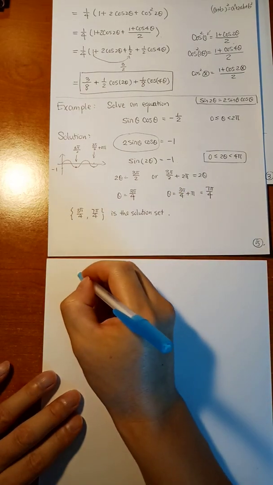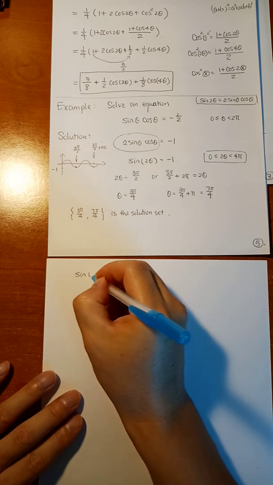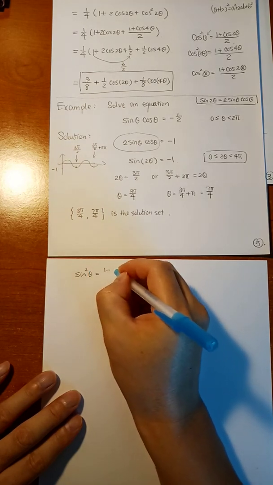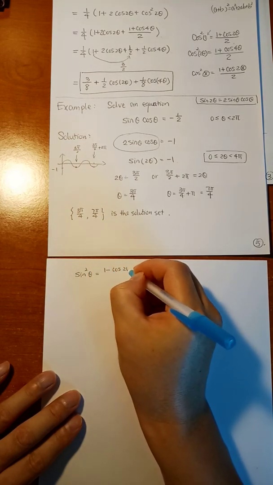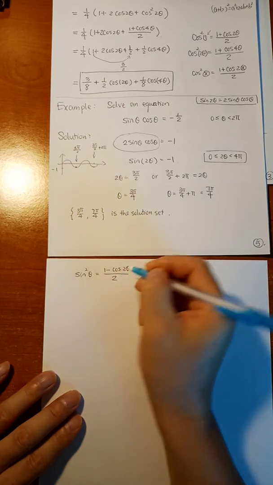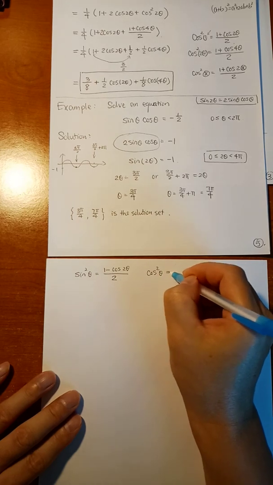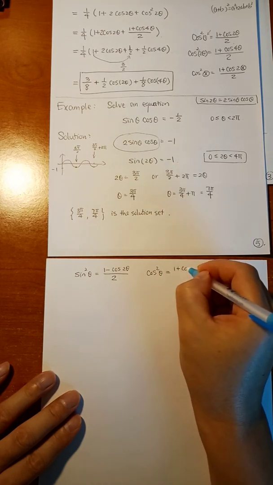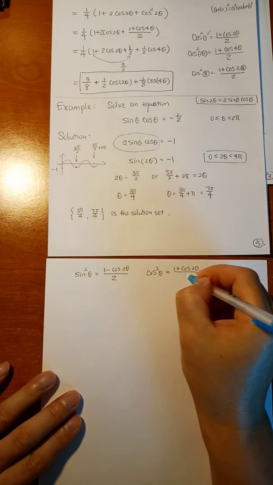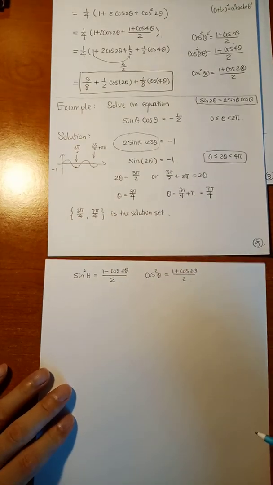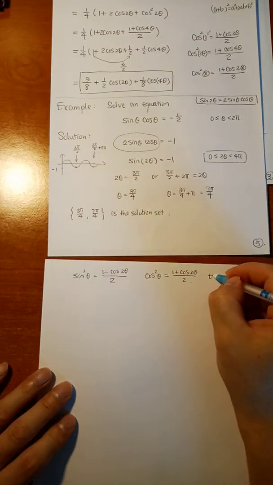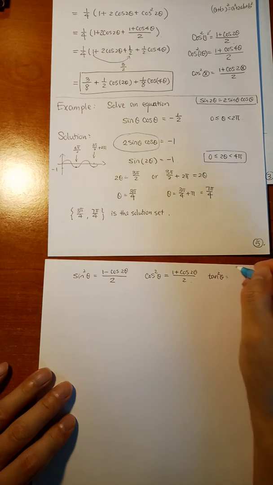Let's copy this. Sine theta squared is 1 minus cosine 2 theta over 2. Cosine theta squared is equal to 1 plus cosine 2 theta over 2. And tangent theta squared is 1 minus cosine 2 theta over 1 plus cosine 2 theta.